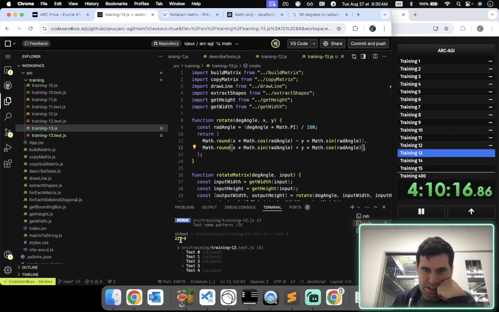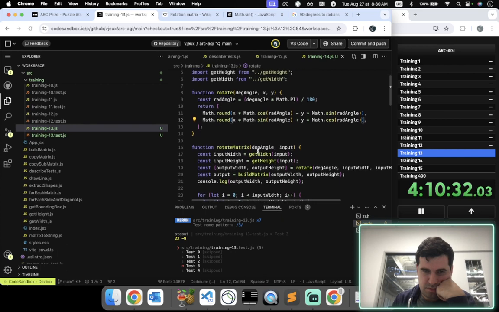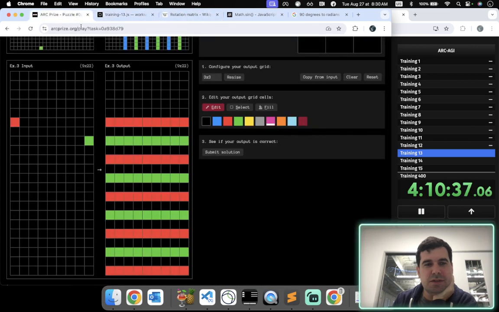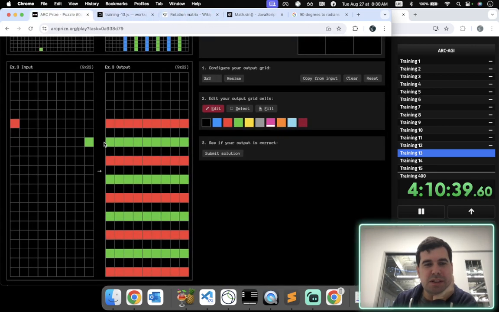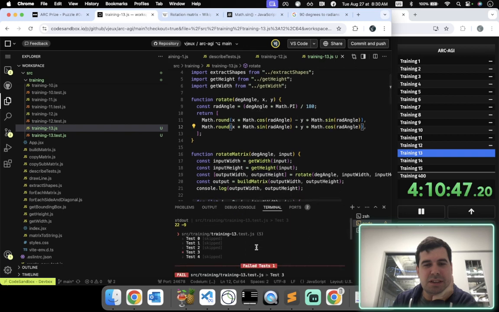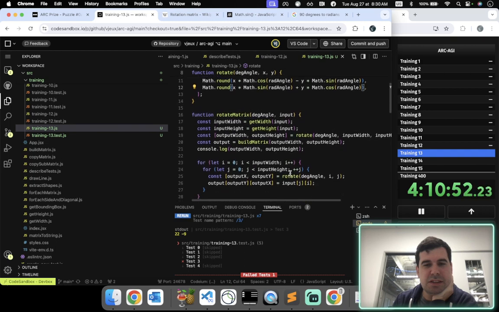Okay, why does it give -9? Oh, yep, so when I rotate this one and rotate, now it can go into the negative. This is annoying.